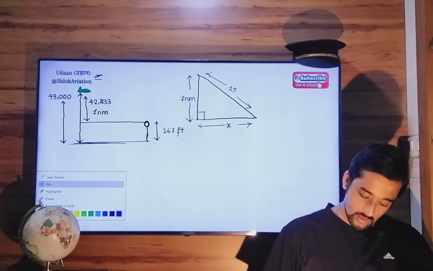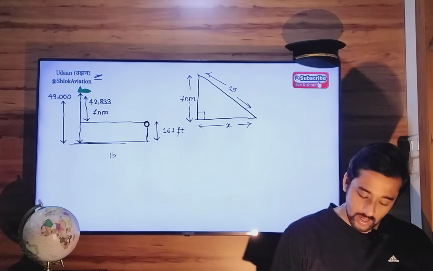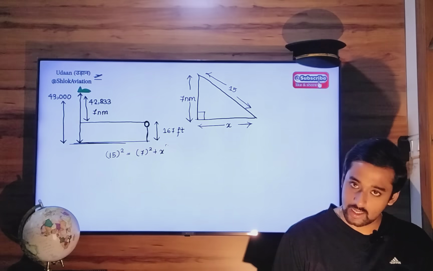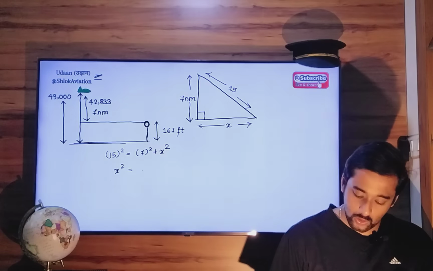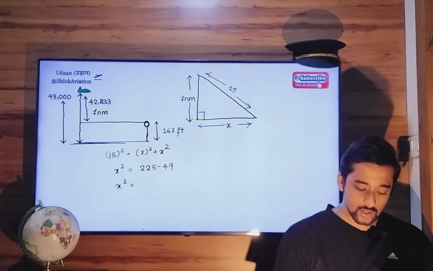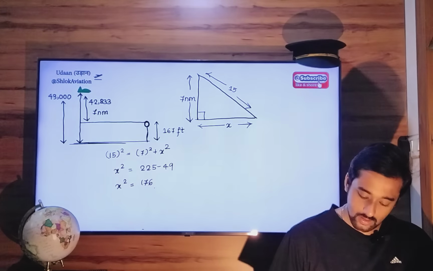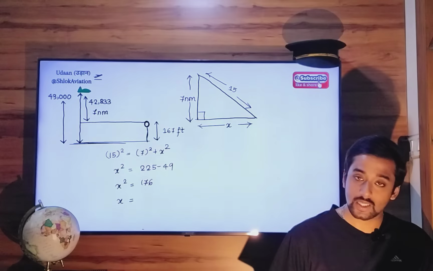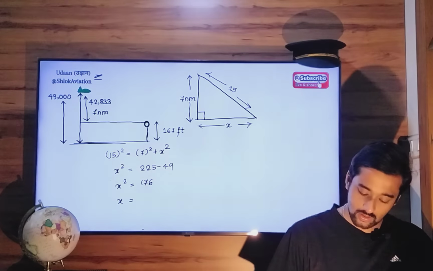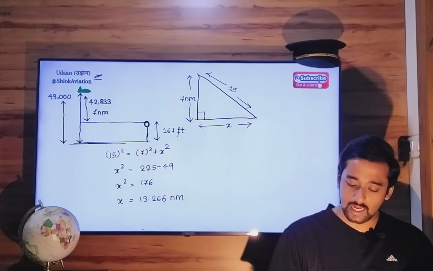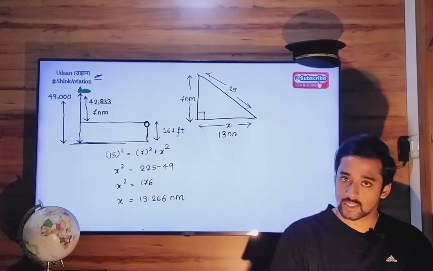So 15 square is 7 square plus x square. So x square is 225 minus 49. So 225 minus 49 is 176. So x will be root of 176, 13.266. Okay, so approximately 13 nautical miles. So this is the answer.